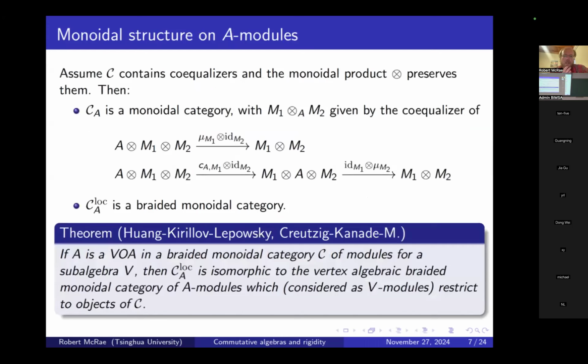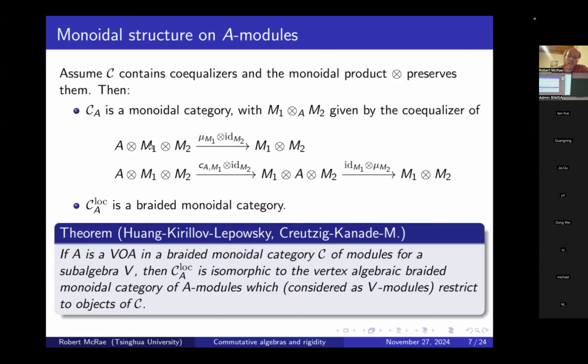Then, under some very mild assumptions, like we assume C contains coequalizers and the monoidal product preserves coequalizers, so it's good enough to assume that C is an abelian category and the tensor product is right exact, you can get a monoidal category structure on CA. The tensor product of two objects is given by a coequalizer of two morphisms. So you have two ways that you could have A act on M1 tensor M2.